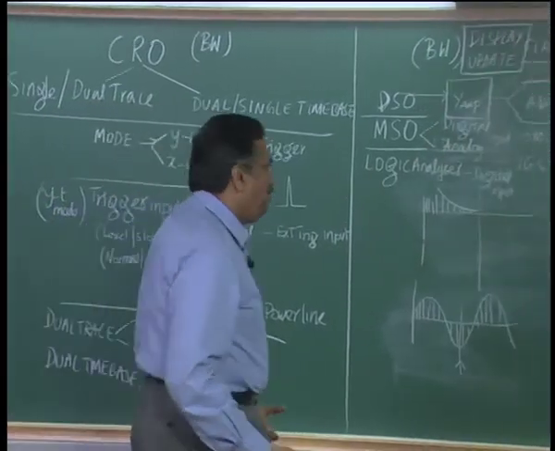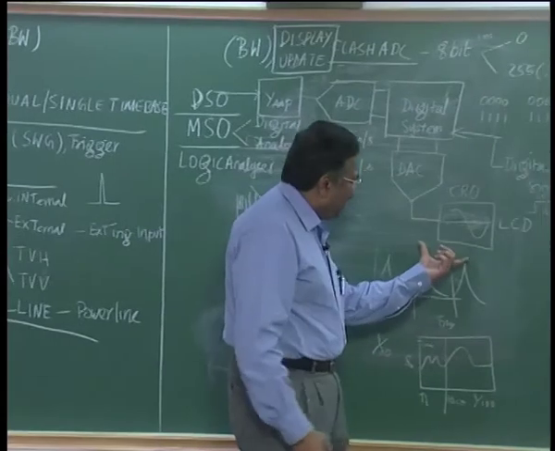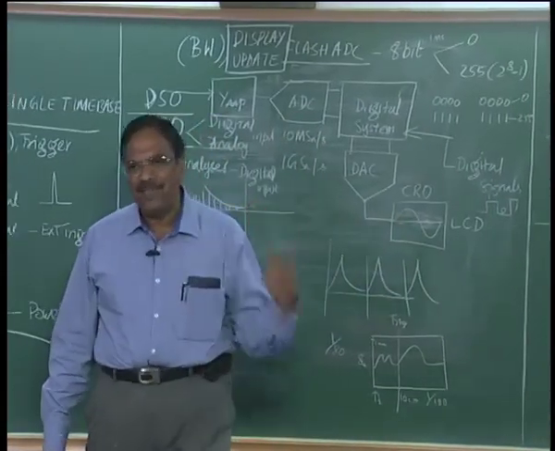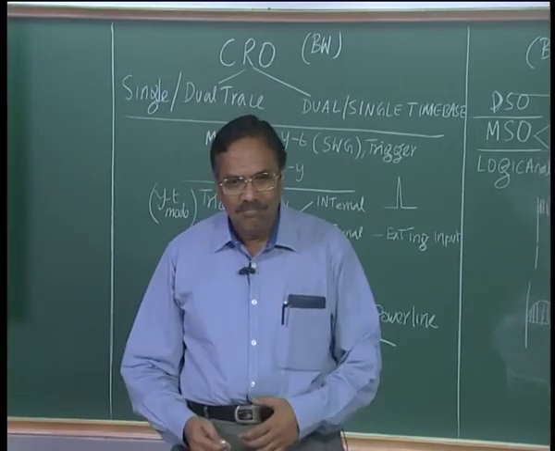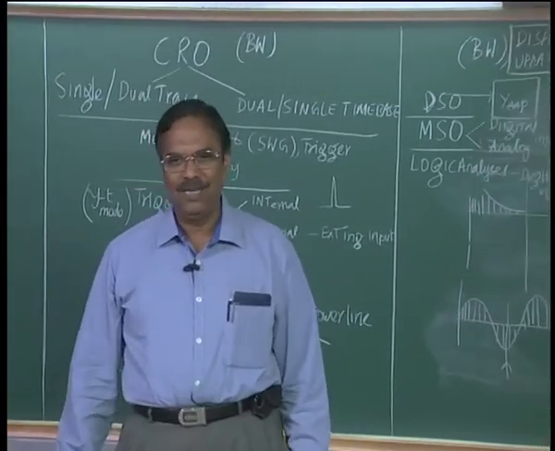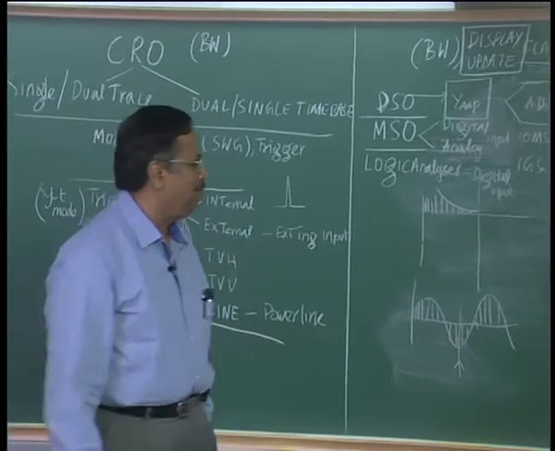So typically 1000 or 10,000 display updates per second is what you will get in a normal storage oscilloscope, that would be the maximum that can occur.